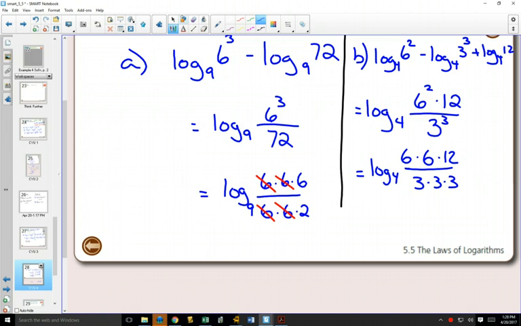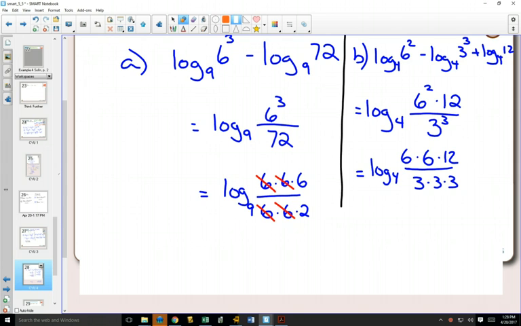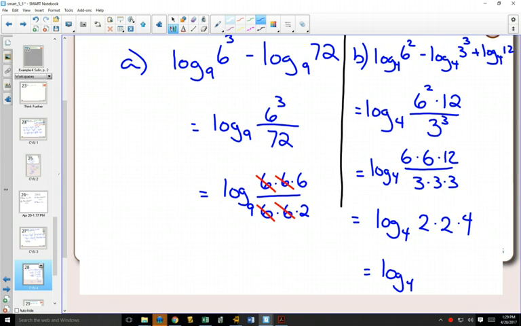One, if I saw this myself, I would just say 6 divided by 3 is 2. 6 divided by 3 is 2. 12 divided by 3 is 4. And I would get log 4 of 16.